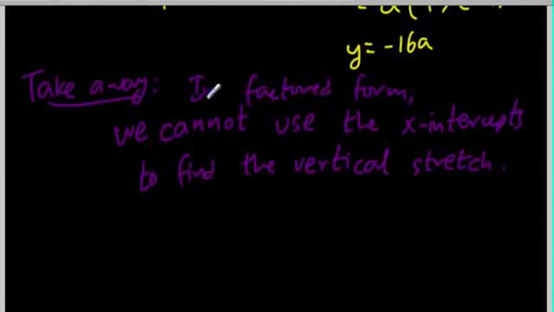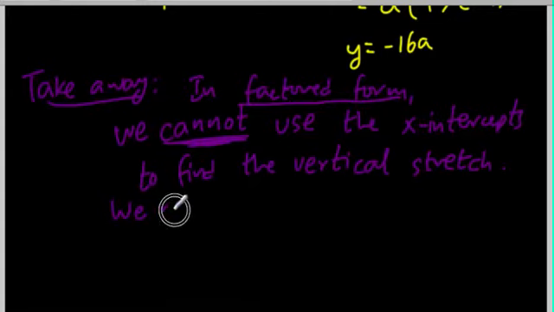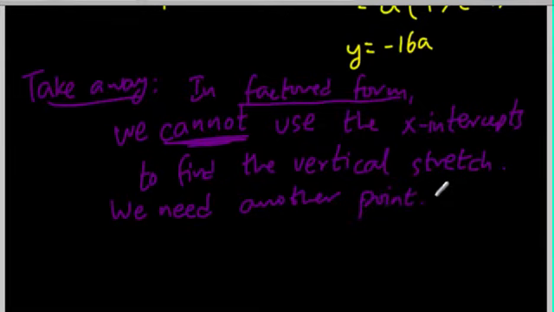Once again, let me read that again. In factored form, we cannot use the x-intercepts to find the vertical stretch. We need another point. In the next video, I'm going to show you how we can find the vertical stretch using another point. See you in the next video.